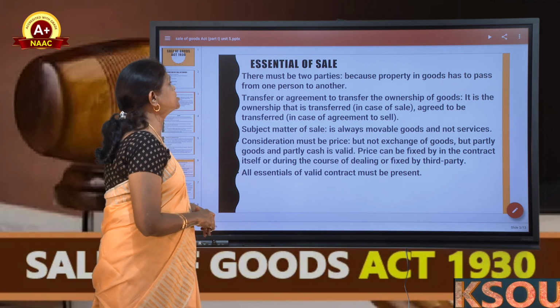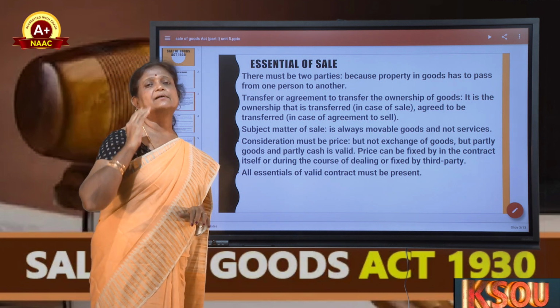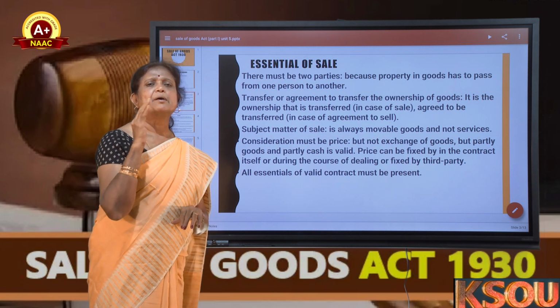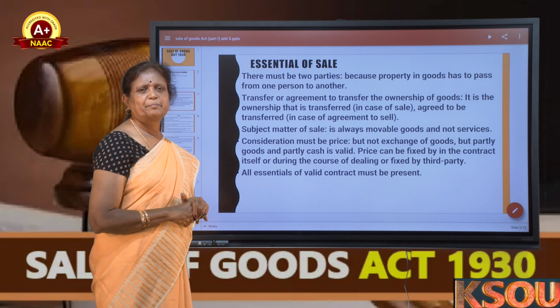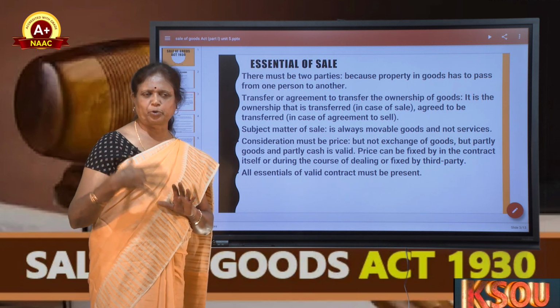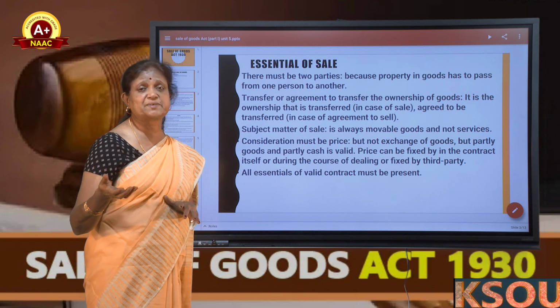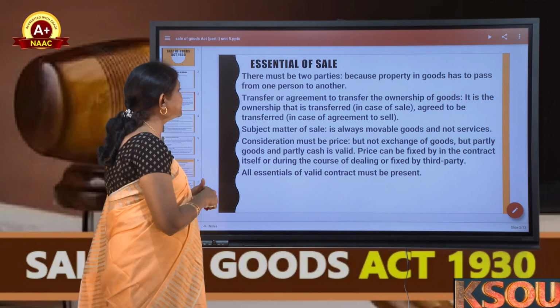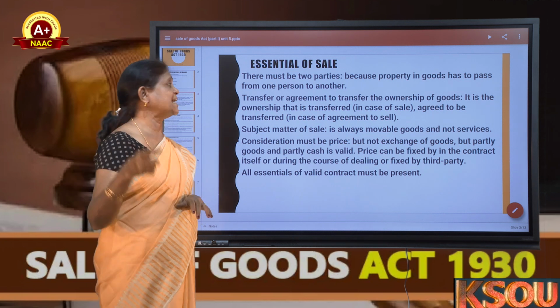What is an essential element that must be necessary? Again we come to the basic structure of the Contract Act. There must be two parties, because one cannot buy his own product for himself or sell his own product to himself. So there must be at least two parties, one a buyer and one a seller.